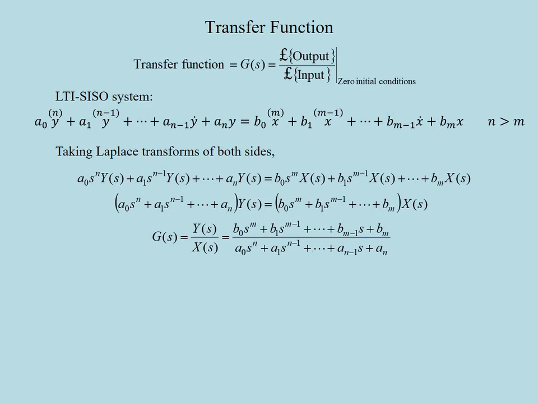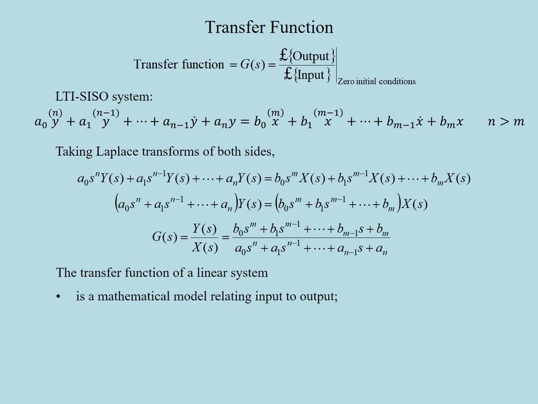At this point, we can note several properties of transfer functions. First of all, it is clear from the derivation that the transfer function is a representation for linear, time-invariant, single input, single output systems. Also, it is a mathematical model relating the input directly to the output.